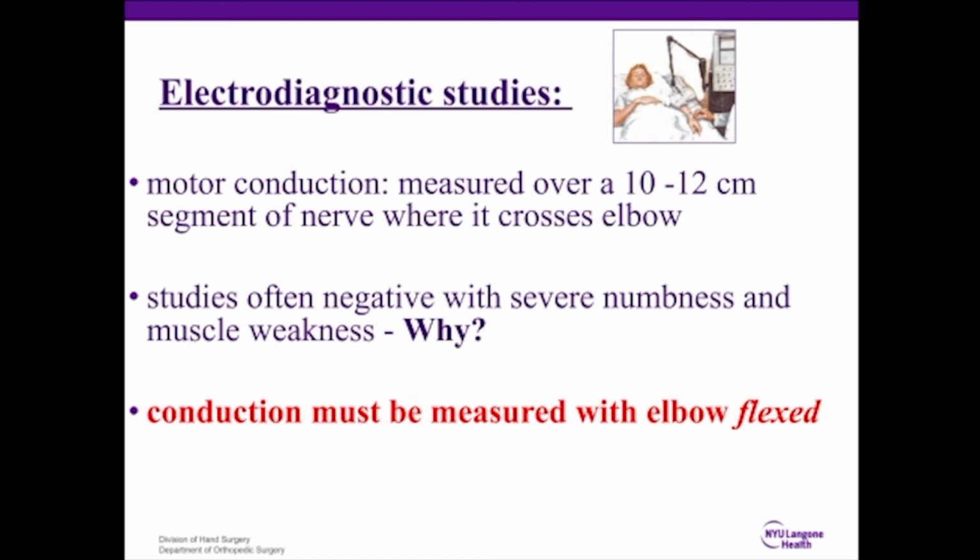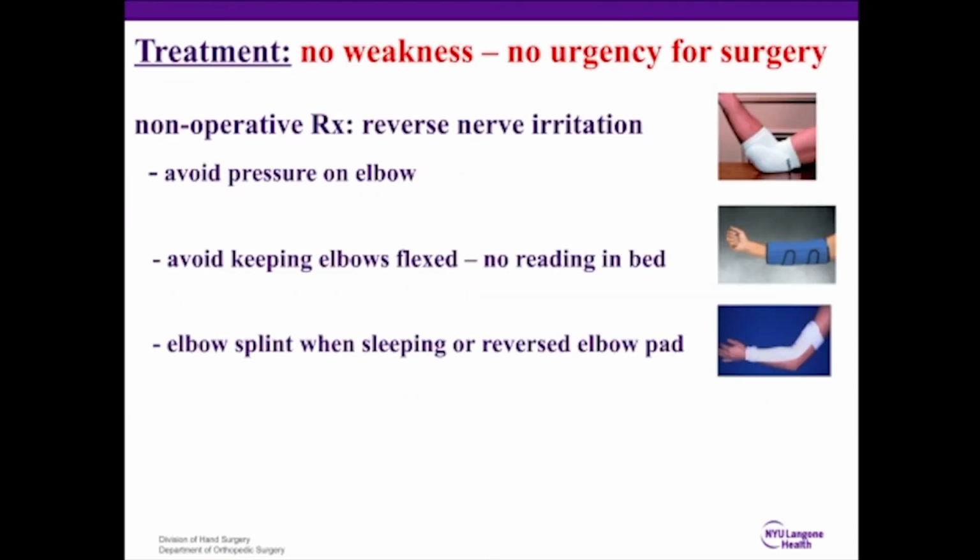The next time you have a patient who you're pretty certain has an ulnar nerve compression at the elbow, and yet the electrodiagnostic studies are negative, ask them the position that their elbow was in when the examiner tested the conduction times. And almost invariably, they'll tell you that it was in an extended position.